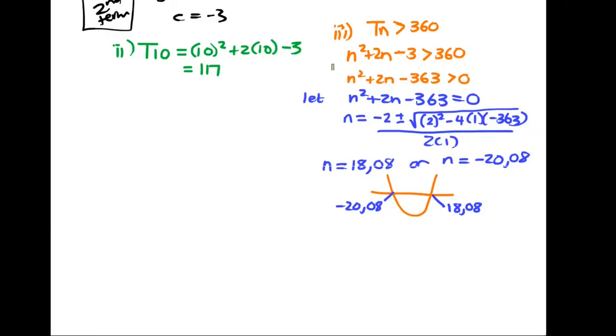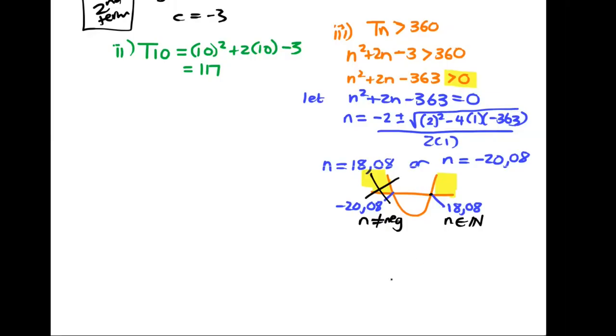They said to us, we want this value to be bigger than 0. So if you look at this parabola, bigger than 0 would be those two parts, right? But we know, and we've said this, that n can't be negative. So we can't look at this part, right? Because we know n is not allowed to be a negative value. So we're looking on this side. So tell me, 18,08, remember we said n must be a natural number.